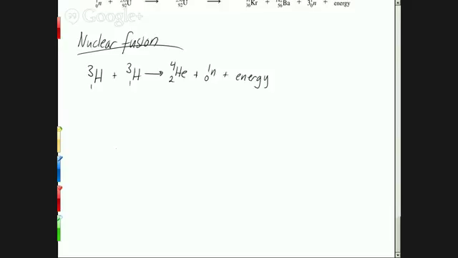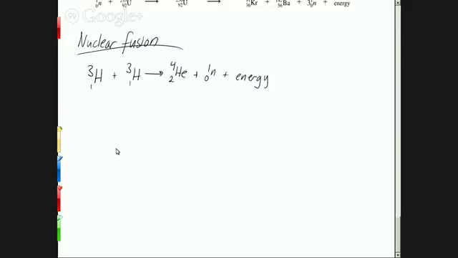Now this reaction is a lot nicer in terms of materials. You don't have this uranium to refine. You actually get a whole lot more energy out of fusion than out of fission. This is the reaction that's happening in the sun and every other star, and creating its energy that way. And it can be self-sustaining as well.